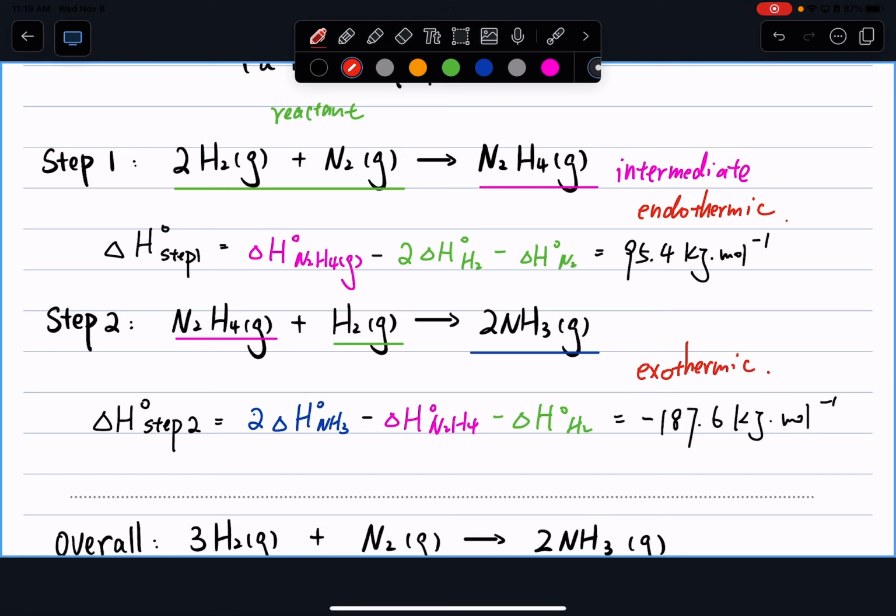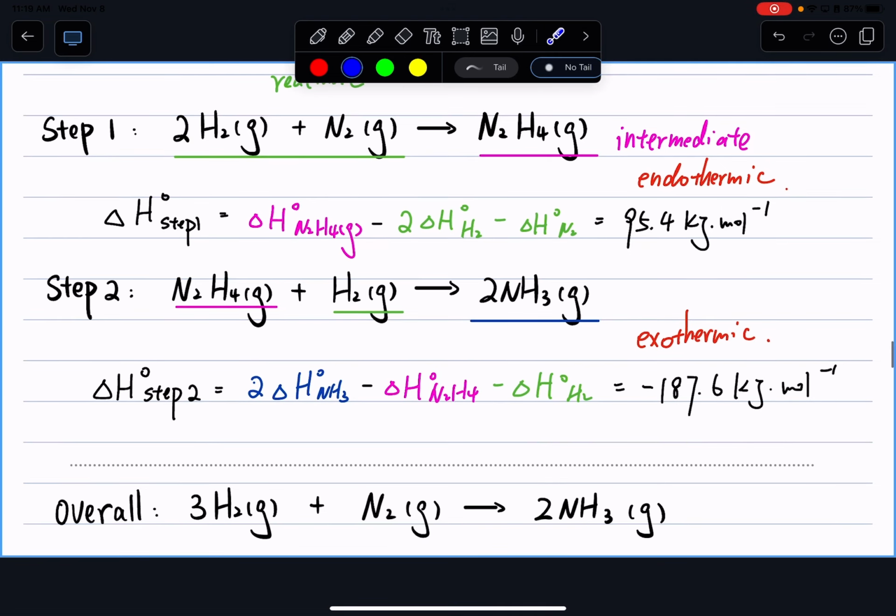So using Hess's law, when we're talking about the overall reaction for the Haber process, we're adding these two reactions together. What we end up having is the overall reaction where you're reacting 3 xi of H2 gas with 1 xi of your N2 gas, which gives you 2 xi of NH3 gas. So xi is the extent of reaction, if you remember, right? So one mole of reaction taking place.